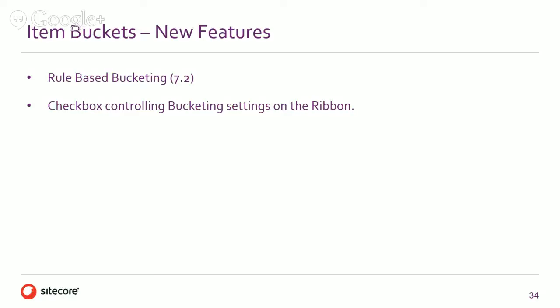Yeah, just real quick. There were a couple of enhancements added. First thing, this is again one of the most requested features for bucketing, the ability to control the way your bucketed repository is structured based on rules. So it's pretty cool.